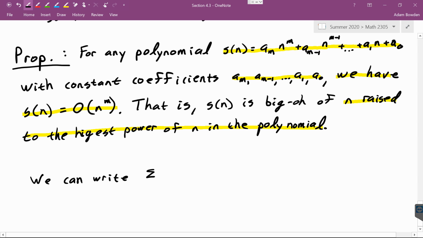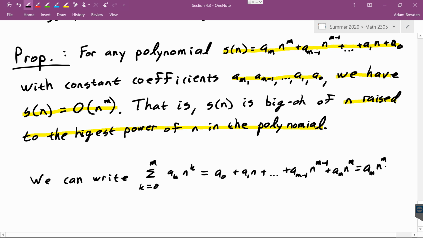Also, as a result, we can write the summation k equals 0 to m of a k n to the k, which is equal to our polynomial expansion up above, as a m n to the m plus big O of n to the m minus 1 power. Because basically we can consider the polynomial with the terms up to the m minus 1 power as being the big O part, with the highest power term here in front.